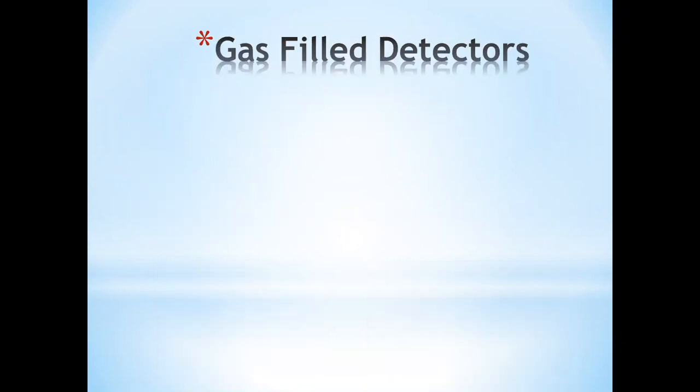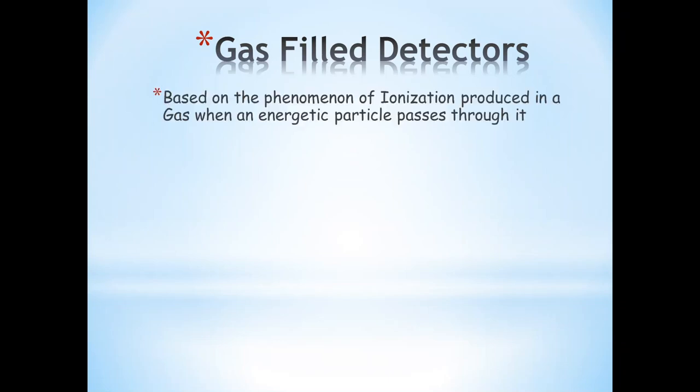First we'll be talking about gas filled detectors. These detectors are based on the phenomenon of ionization produced in a gas when an energetic particle passes through it. Ionization is the process in which electrons are knocked off from their orbits in atoms when an energetic particle passes through.